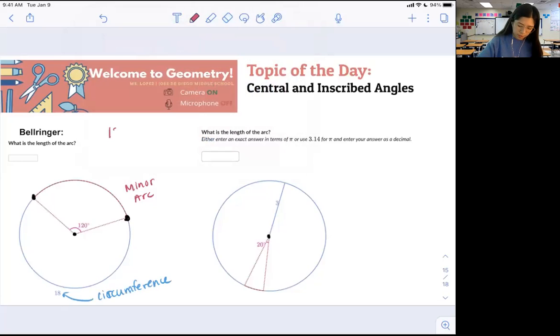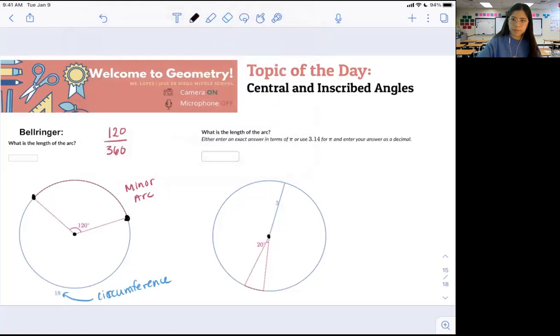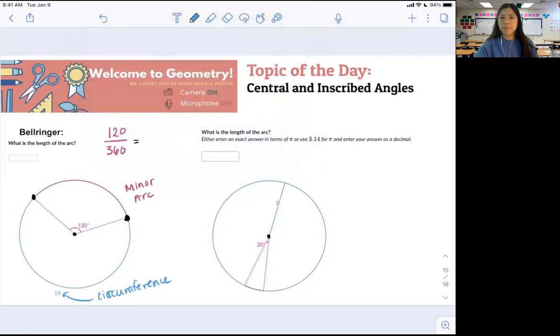And what goes on the other side? X over 18. Good. So the circumference is the whole, and the x is part of that whole, right? So we always put whatever's in the numerator is the part, the denominator is the whole. So part over whole.